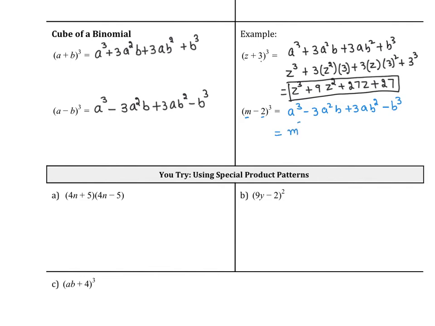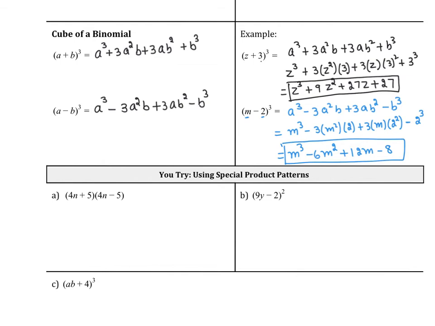So m cubed minus 3m square times 2 plus 3 times m times 2 square minus b cube, that is 2 cube. So you're going to get m cube minus 6m square plus 12m minus 8. So now you're going to pause the video and try the 3 problems underneath.